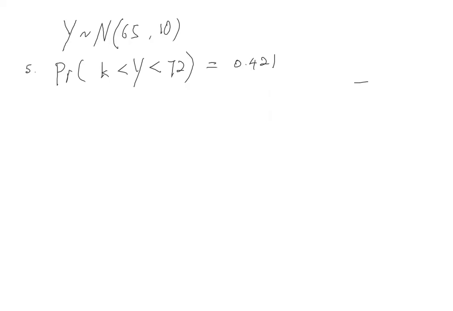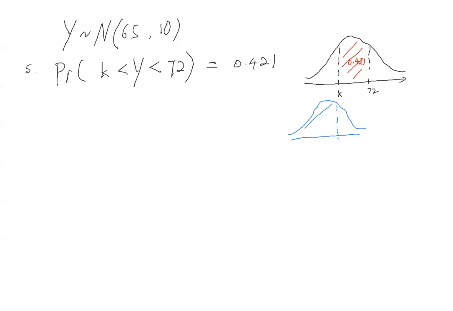Let me illustrate for you to see first. Okay, my 72 is here. My K, I don't know where it is. But I know that this area is 0.421. So what I can do is, I can take this as 72, take away.